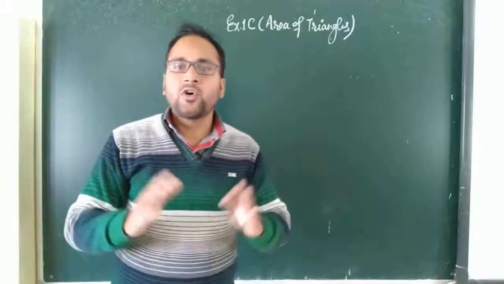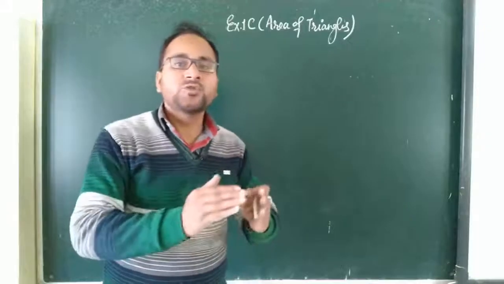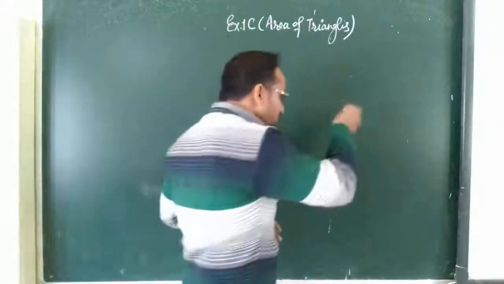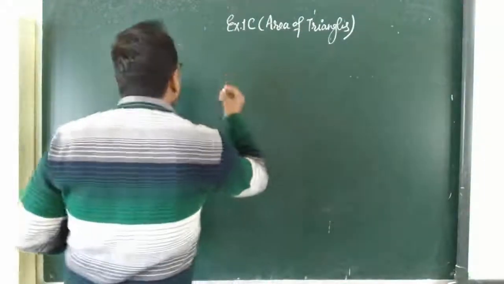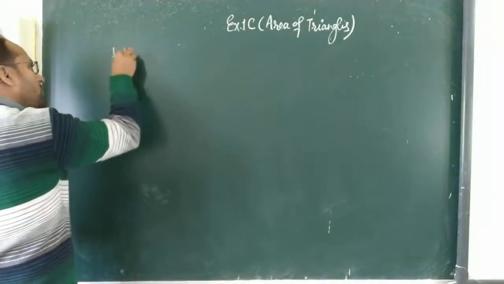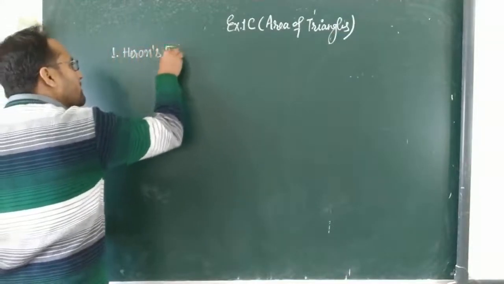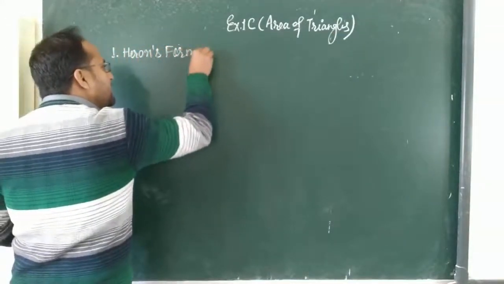If all sides are different, then we use Heron's formula to find the area. So first I am going to talk about that. First is an important formula, Heron's formula for calculating area.